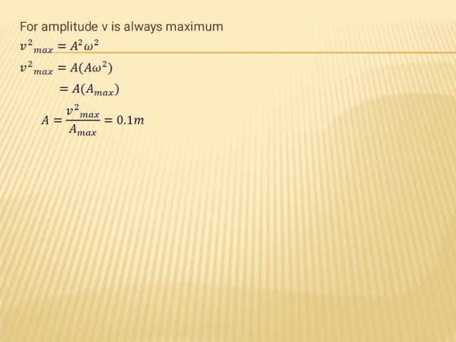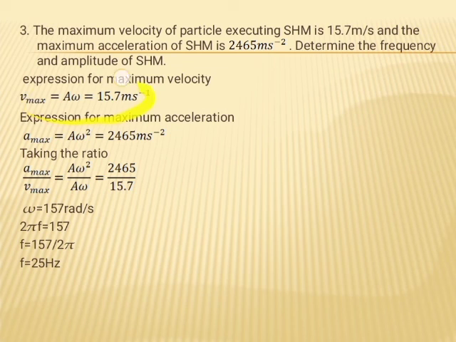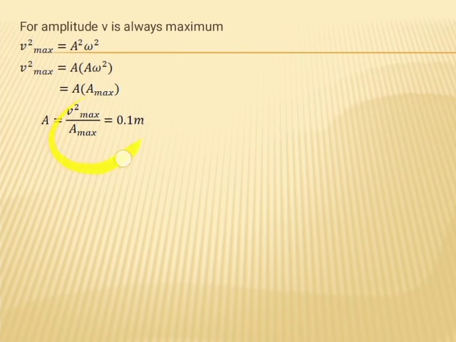We have got the value of V already, right? Just square it, substitute, and divide by A maximum, the value of acceleration. Finally you would get the value of amplitude, which is equal to 0.1 meters.